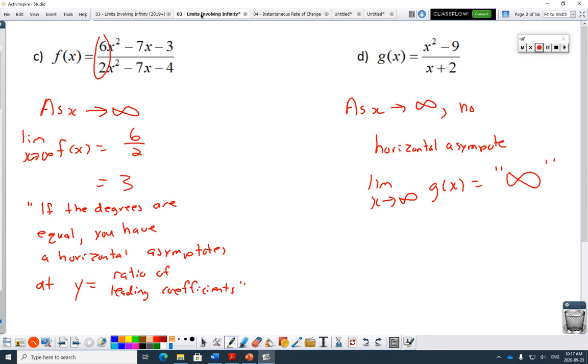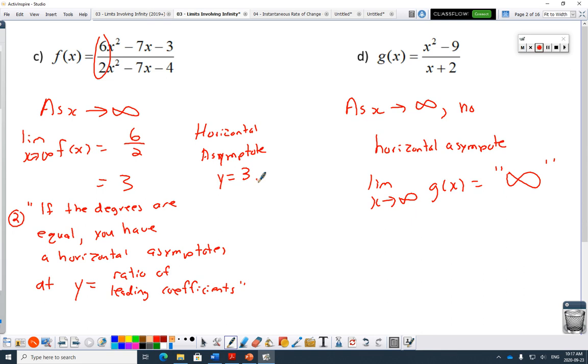That's where this rule comes from. This is rule number 2. If the degrees are equal, you're going to get your horizontal asymptote, and it's going to be at y equals the ratio of the leading coefficients.